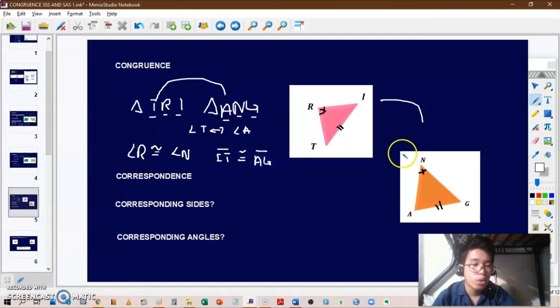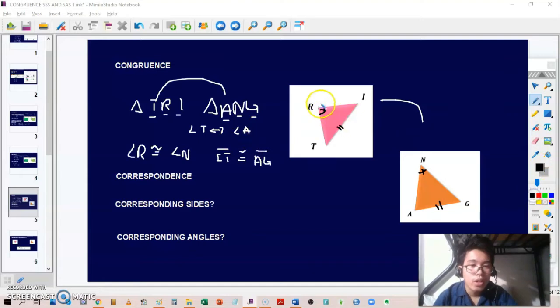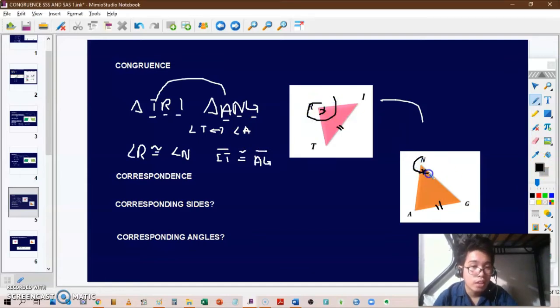We can already see that the corresponding parts of the different triangles here are congruent. Angle R corresponds to angle N, and they're congruent. And line segment IT, or TI, has its corresponding line segment AG, and both of them are congruent.